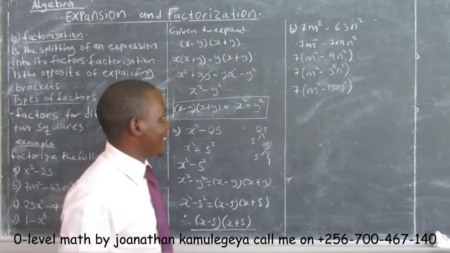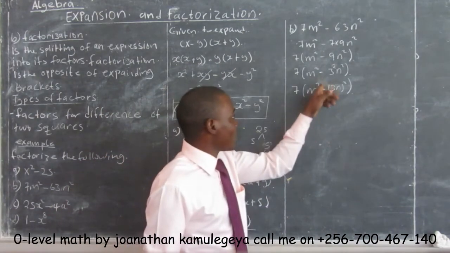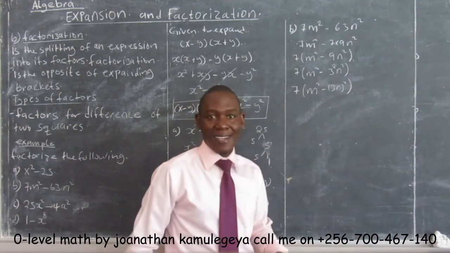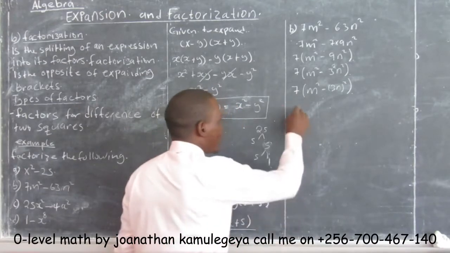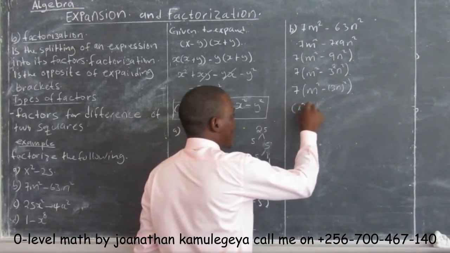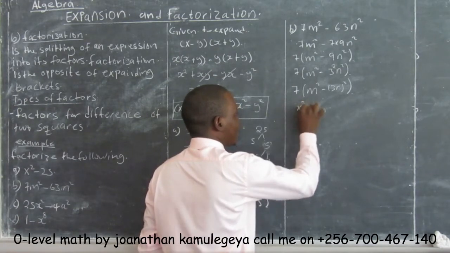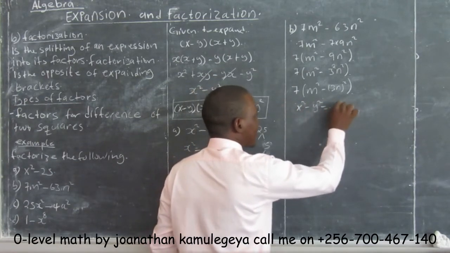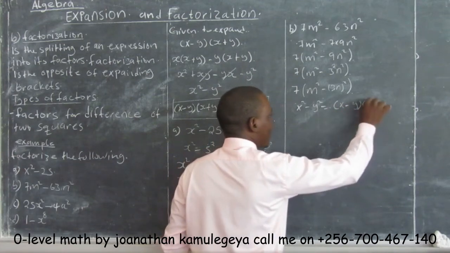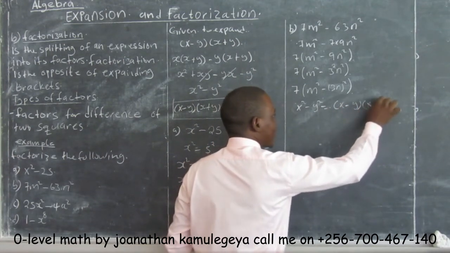If you compare, you are seeing now we have m squared minus (3n) squared. If we compare with this expression, which is x squared minus y squared, that will be the same as x minus y and then x plus y.